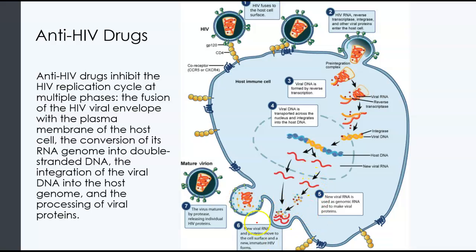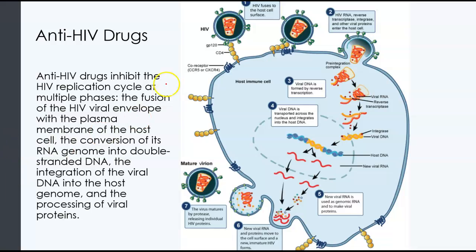The RNA that's found in the core of the virus is replicated, and that new viral RNA is used to make viral proteins. Then all of the components of the virus escape, and an immature HIV forms.